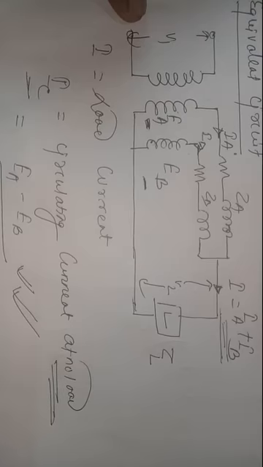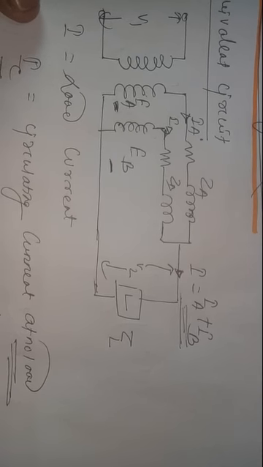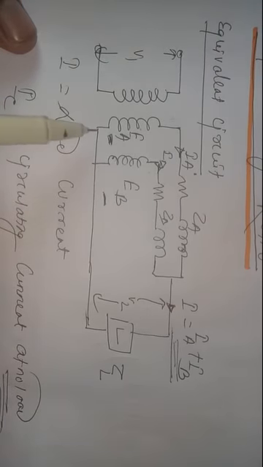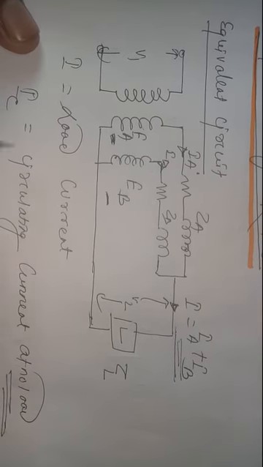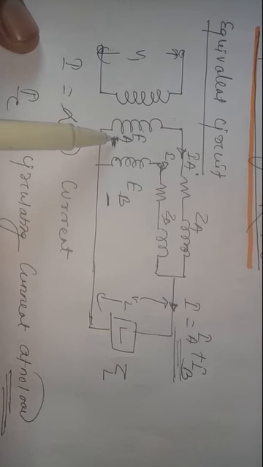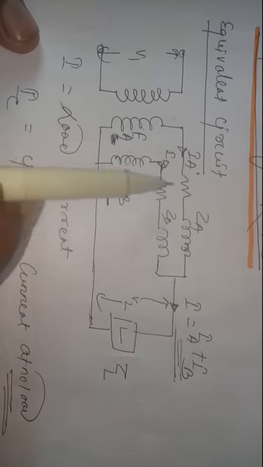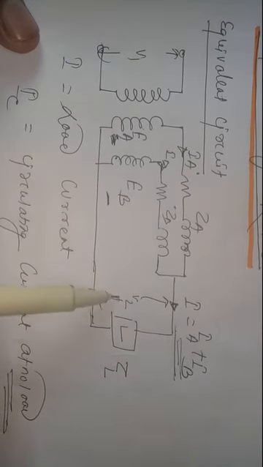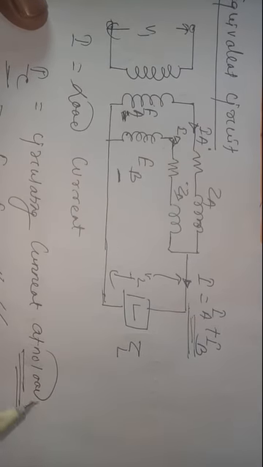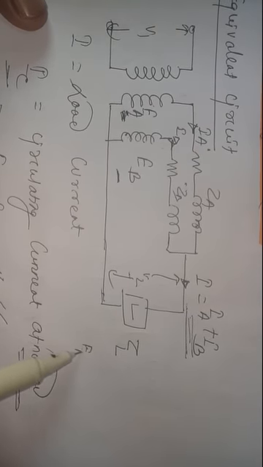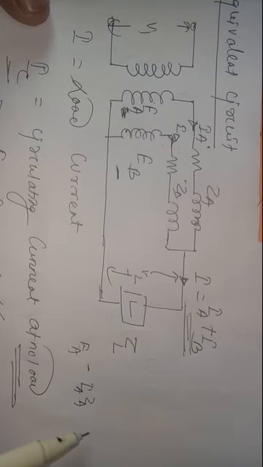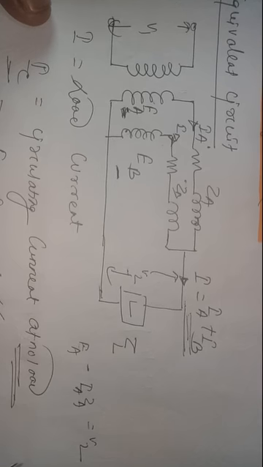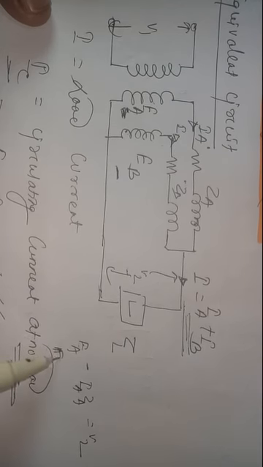If you apply KVL to the first transformer, the induced EMF EA minus this drop is equal to V2. So we can write EA minus IA ZA equals V2, so EA will be V2 plus IA ZA.